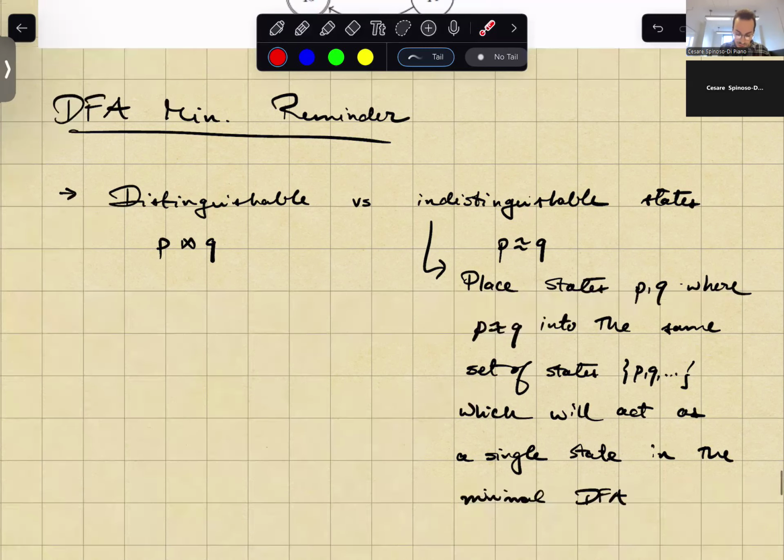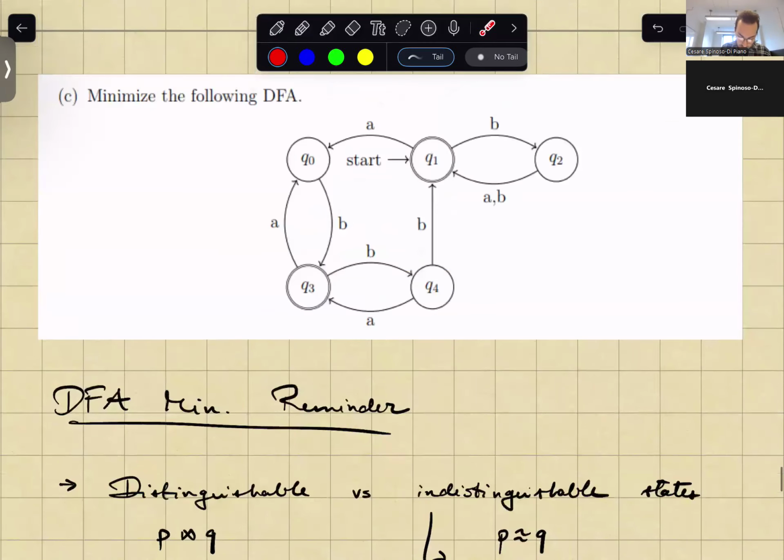It's to find essentially states. So maybe these two states are indistinguishable. And the intuition is that if two states are indistinguishable, it means that they're doing the same thing or encoding the same information. That's why you can't distinguish between being in Q1 or Q3. The behavior of the DFA is going to be the same regardless of whether you're in Q1 or Q3, right?